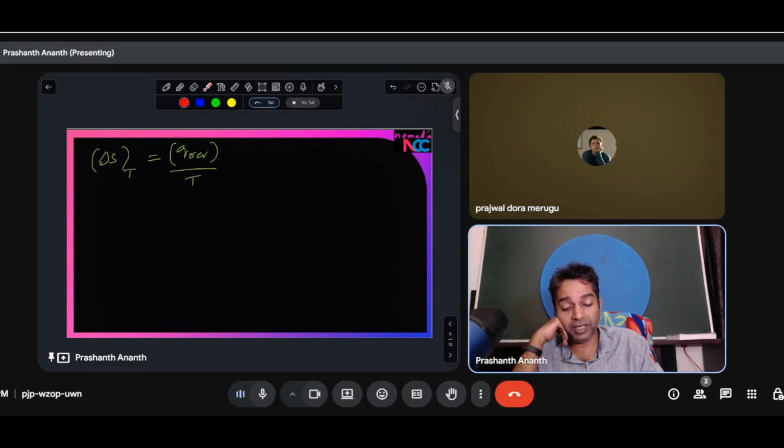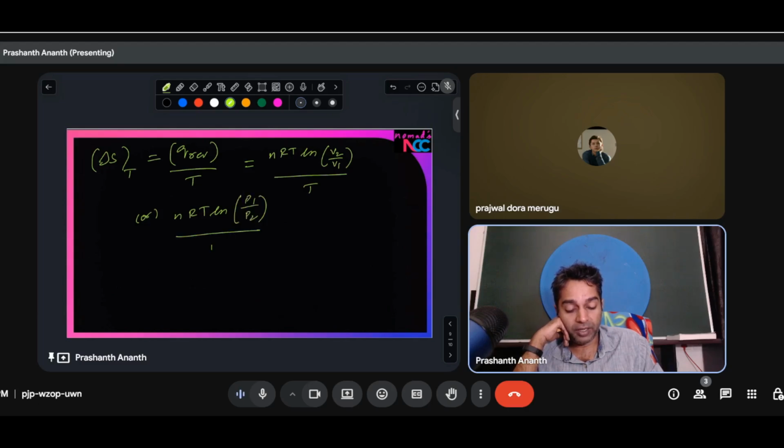So this can be written as nRT ln of V2 by V1 divided by T, or nRT ln of P1 by P2 divided by T. Either way, the T and T cancel, resulting in, very simply put, nR ln of V2 by V1 or nR ln of P1 by P2.